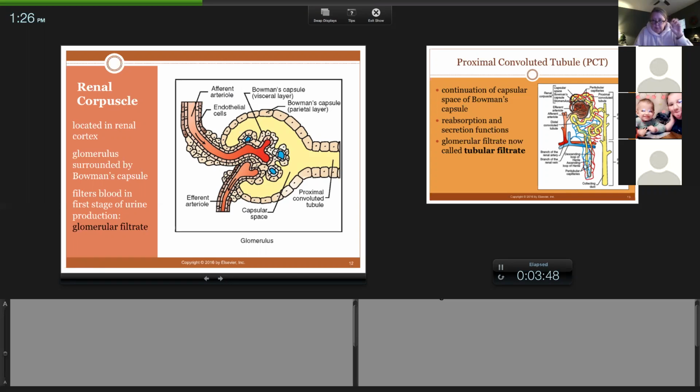Proteins are too large a molecule to fit through the strainer, or the glomerulus. But what is going to get pushed out? Body water, sodium, potassium, chloride, urea, nitrogen, right? Nutrients and wastes, soluble materials.